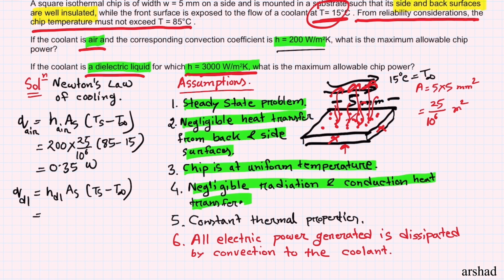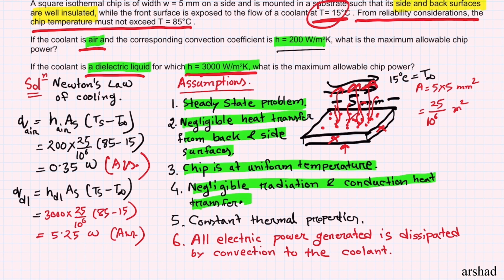So let's put in the values and we get 3000 times 25 times 1 over 10 to the power 6 times 85 minus 15, and we get 5.25 watts. So this is the answer, and we previously calculated another answer.